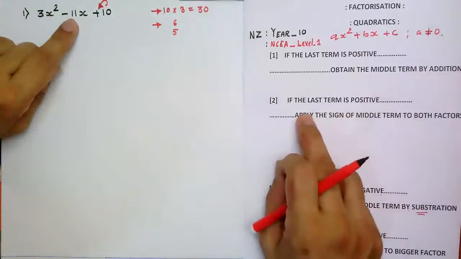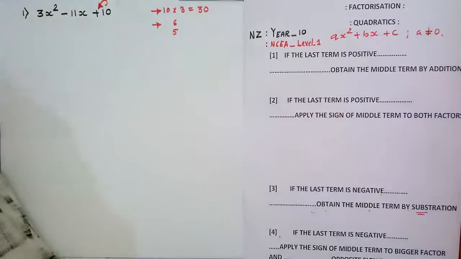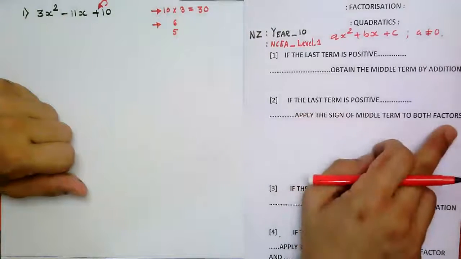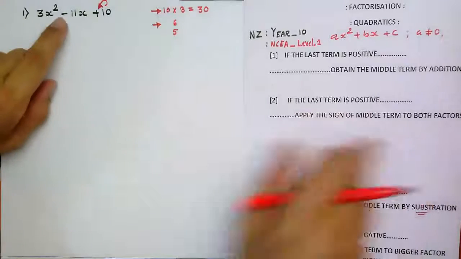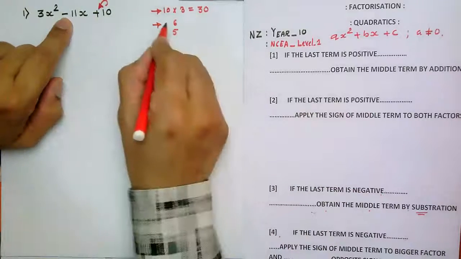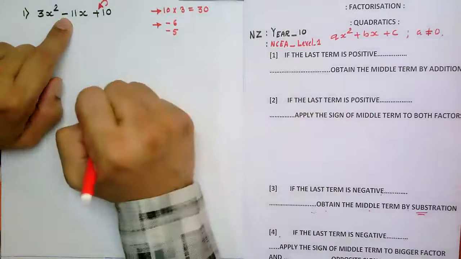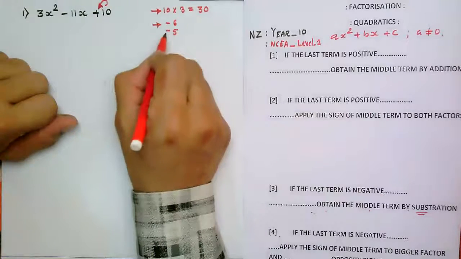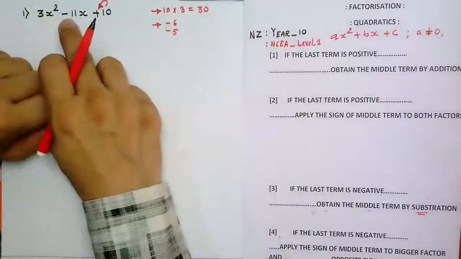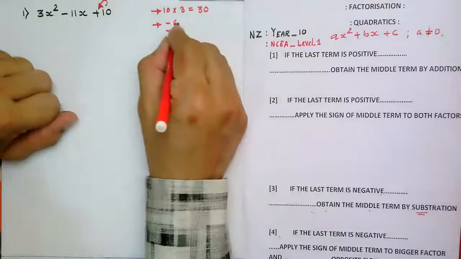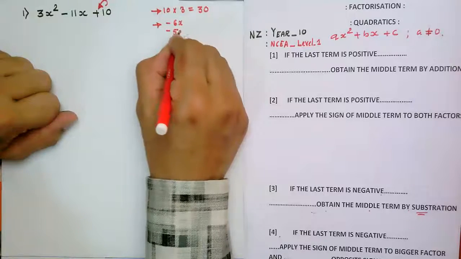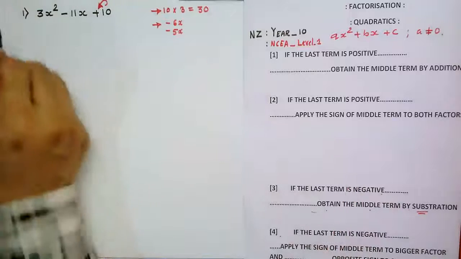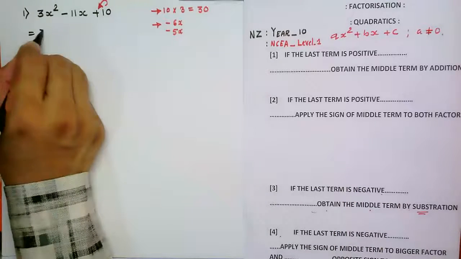Now second rule, if the last term is positive, apply the sign of middle term to both factors. So it is even more clear, minus 6 and minus 5 is minus 11. Now apply x to them. 3x squared.